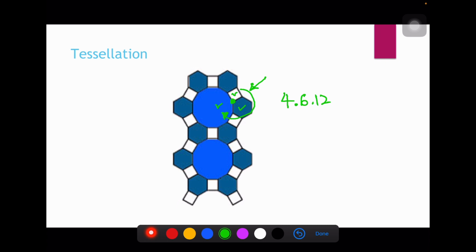It's going this way, so I'm following clockwise. If I go anti-clockwise, no, we have to follow this numbering.